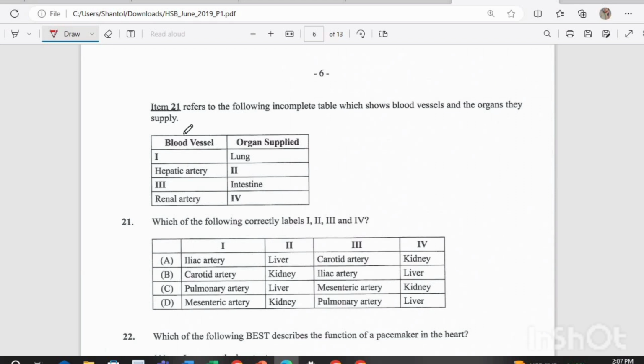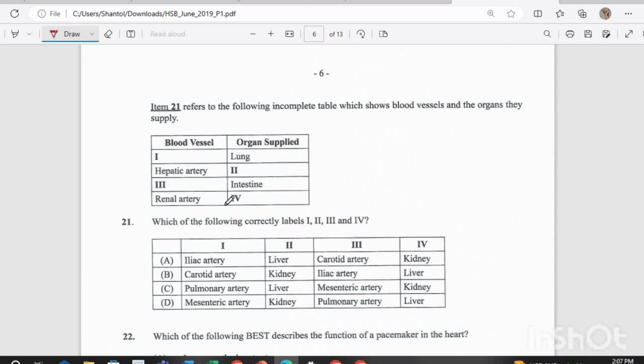Alright, item 21 refers to the following incomplete table which shows blood vessels and the organs they supply. So here's the table: blood vessels and the organs supplied. Blood vessel 1 supplies the lung. The hepatic artery supplies this organ, unknown. This unknown blood vessel supplies the intestine, and then the renal artery supplies the organ labeled 4.